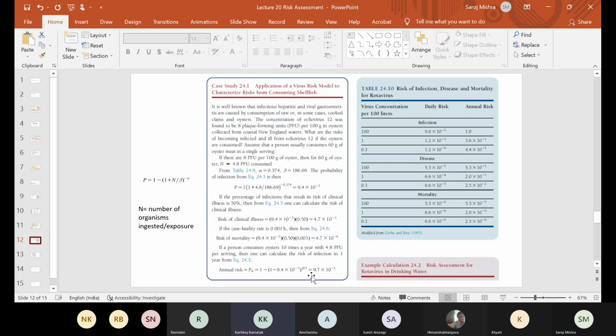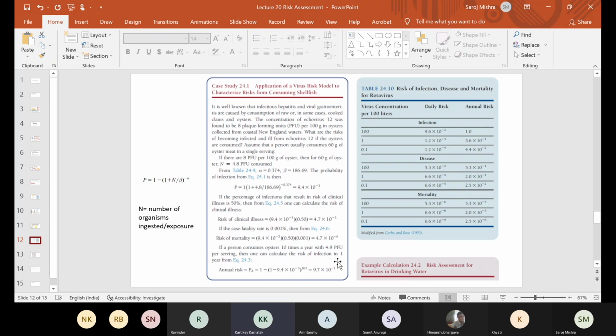Okay, ma'am. So this formula would be 1 minus P raised to. The probability, what you calculate, for example, here. Yes, ma'am. Okay, the probability, and then raised to power 365. But of course, they have here 1 minus this much, raised to power 365. Yes, ma'am. And just in the line before this, they stated that if a person consumes 10 times a year, so in the formula, it is nowhere accounting for 10 times.